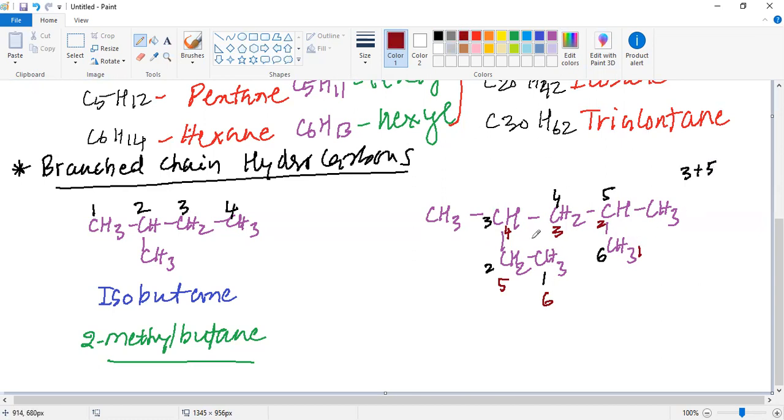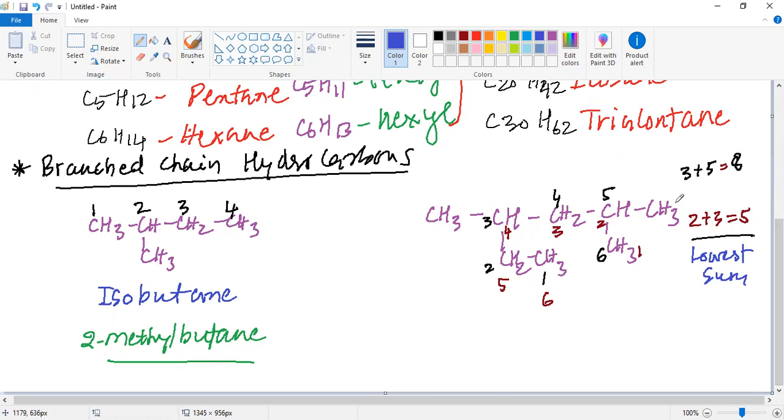With the brown color we will have the sum of 2 plus 3, which is 5. So here we got the lowest sum, and we will consider this nomenclature as the correct one.